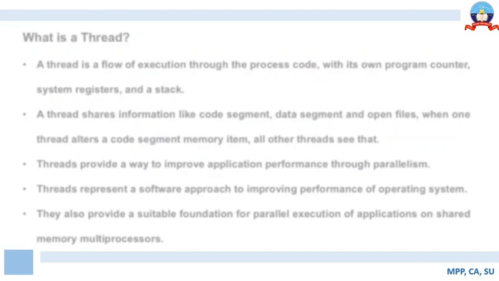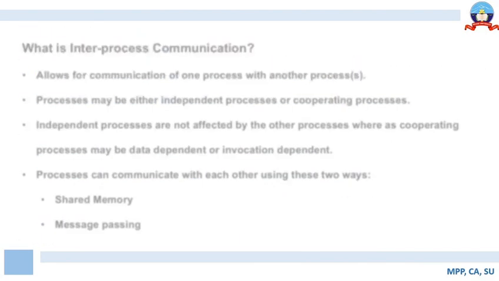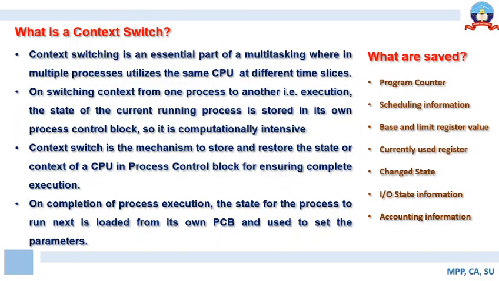So in today's class, what we have learned about is context switching: the significance of context switching, what happens during context switching, what information is retained or stored whenever context switching takes place, and why context switching is computationally intensive.